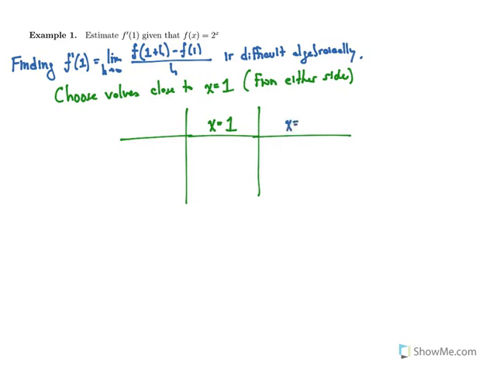So let's look at x equals 1.0001. We'll go very close to it. And x equals 0.9999. In both of these cases, we have h equal to 0.0001 and h equal to negative 0.0001. And since we're trying to find the difference quotient, we only really need to deal with the value of h.